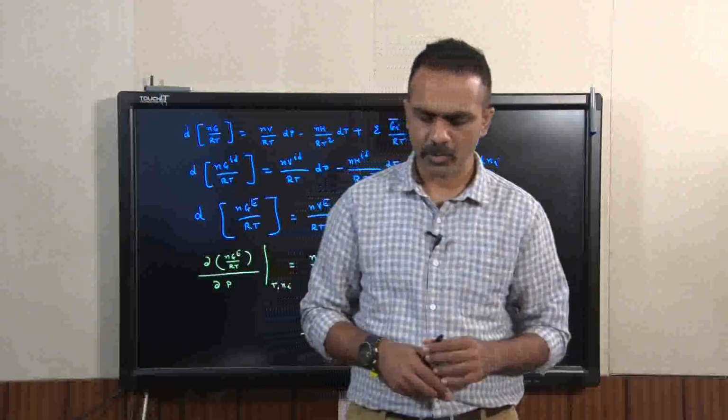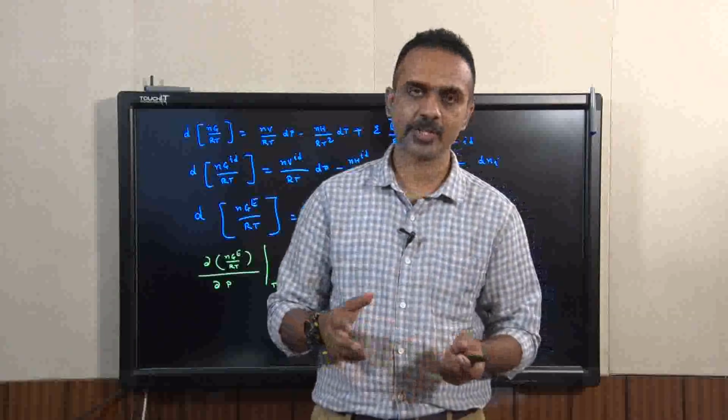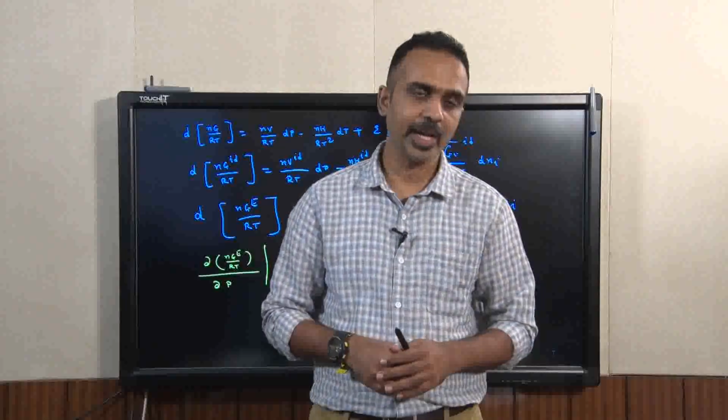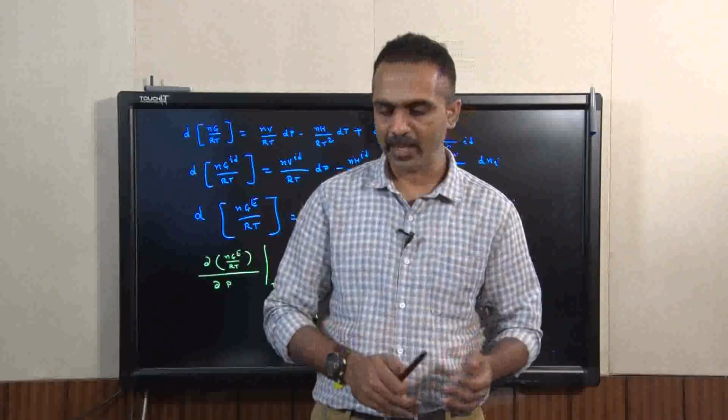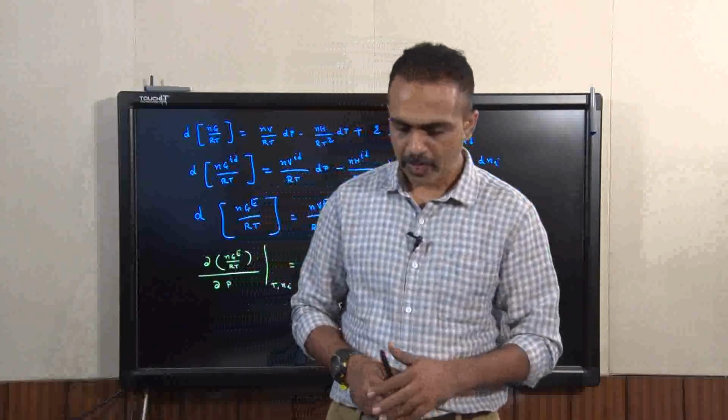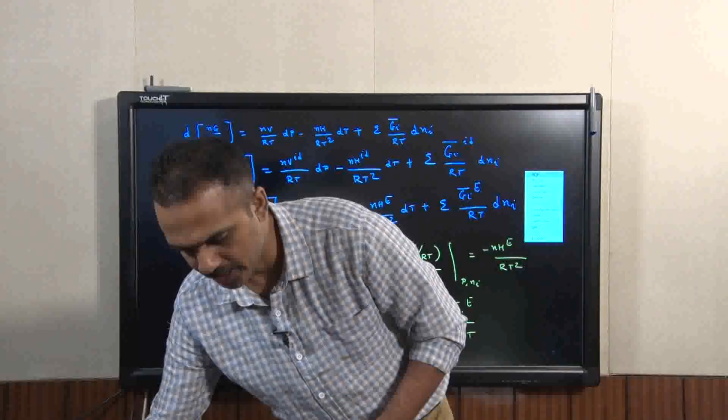Just want to make one final comment before we end this discussion on the similarities between M, M^E, and M^R in terms of fundamental property relations. Let's use another slide. In any of these cases, if you look at it, we said the derivative of nG^E by RT, we'll take one example, with respect to temperature, let's say, at P and n_i is negative nH^E by RT squared.